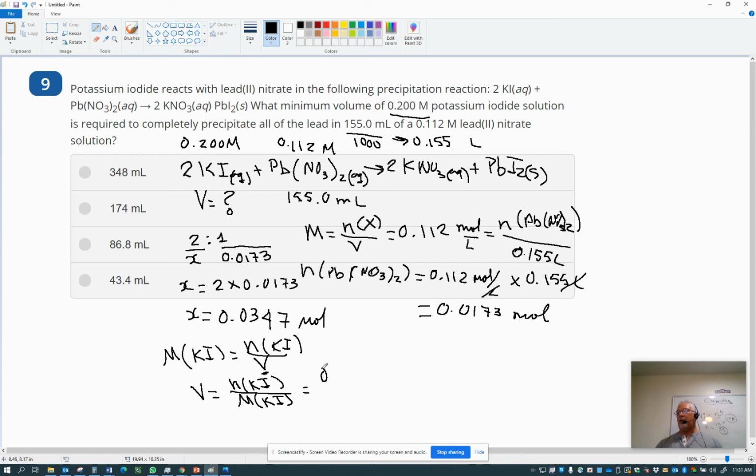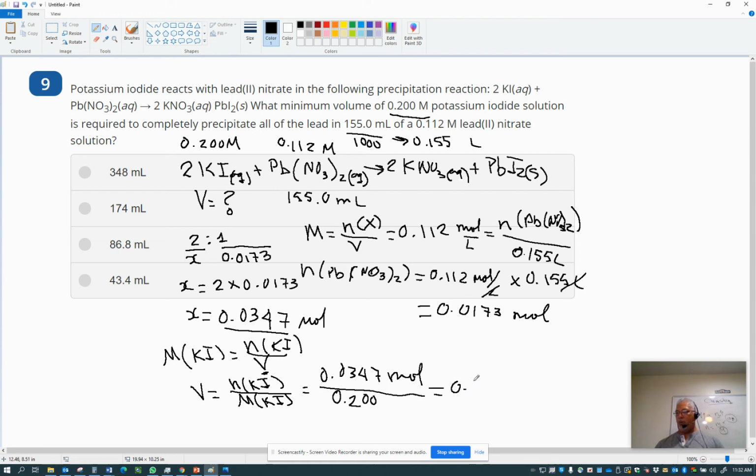The number of mole I already found here, 0.0347 mole, divided by the molarity given, 0.200. Let me do the calculation again, dividing by 0.2.